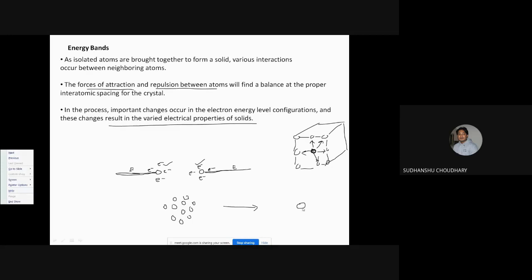So we say that we have a variation in electric properties of solids, because solids have many atoms. Their properties vary with the number of atoms, because with the number of atoms, the interactions are more and the energy levels also change in solids. This is a very important point to note down here.